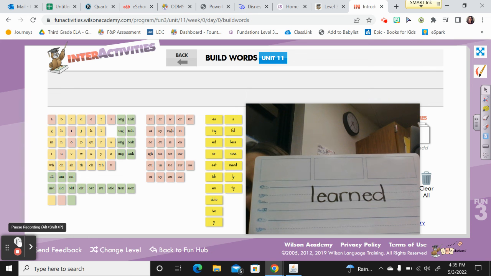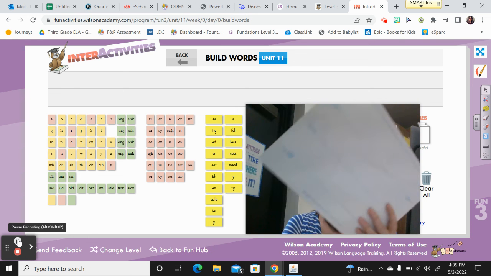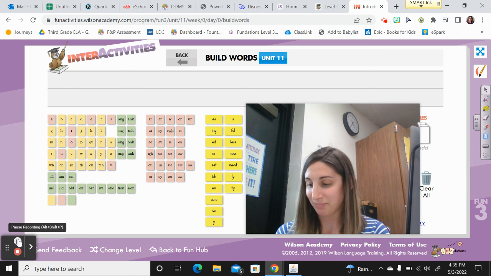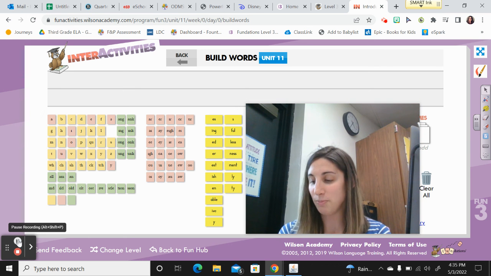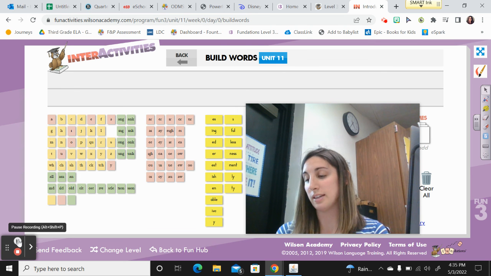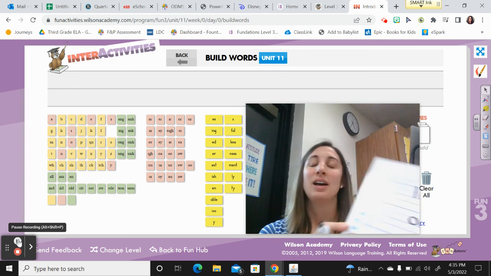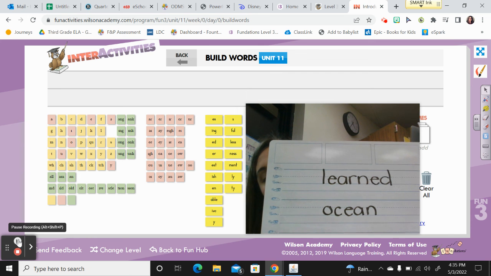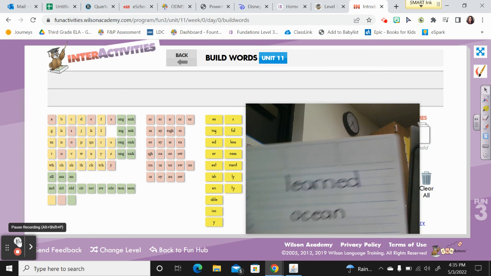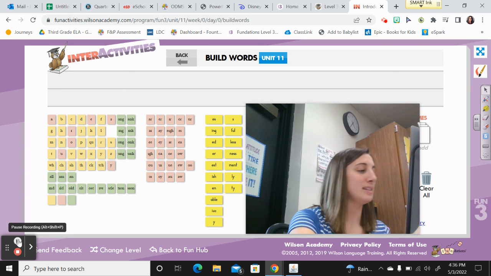Learned. Good job. The second trick word is ocean. I hope to swim in the ocean when I go to the beach this year. Ocean. Let's see. O-C-E-A-N. Ocean. Excellent.